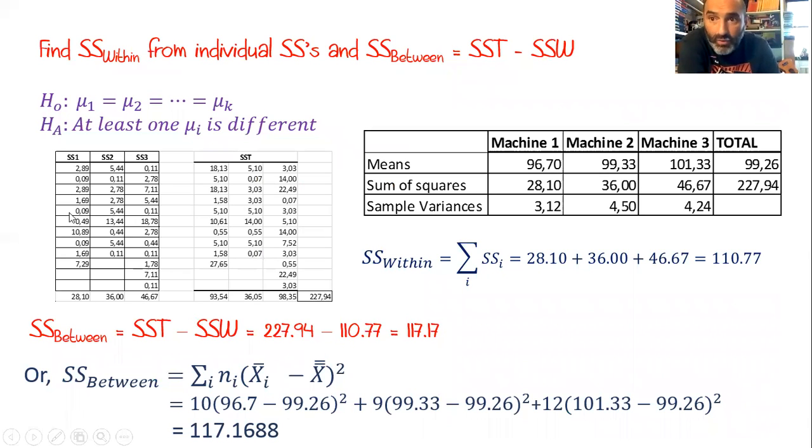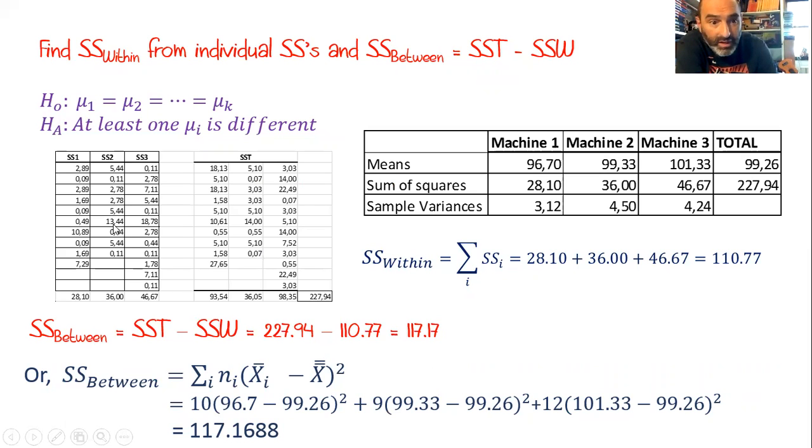The other way, if you want to work the between group variation formula, you could do this. Ni for each sample size, sample arithmetic mean minus general mean squared up. So you get 96.70 minus 99.926 squared up. How many times? 10 times, because I have 10 points here. 99.33 minus 99.26 squared up.